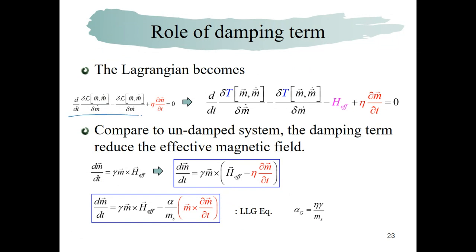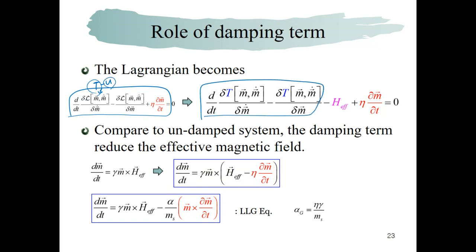In this Lagrangian, if you insert T minus U here, then the T term, the kinetic term, is the same as here.